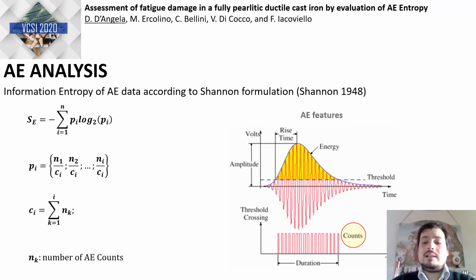It is recalled that the counts are defined as the times in which the signal exceeded the threshold, as you can see on the figure on the right. So each time the acoustic wave exceeds and goes back below the threshold, a count is recorded, and the processing of the counts and the cumulative counts allows the evaluation of the Shannon entropy, as you can see on the left.